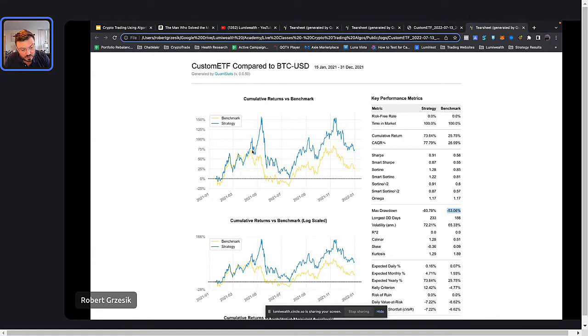It went from around March 2021 and dropped 53% to about August, and then came back up again. So that's your max loss on Bitcoin, 53%. Ours was a little worse, 60% versus 53, not that big of a difference, especially considering we're tripling the returns. So we're getting 3 times the returns, but the risk is still pretty similar.